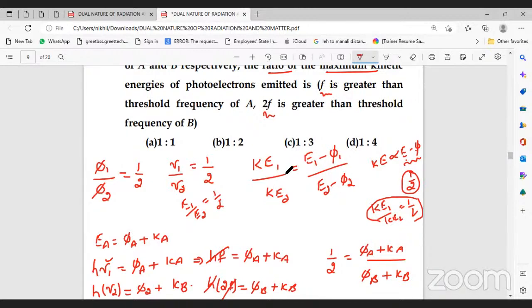If you simplify this equation with another one, work function phi 1 by phi 2 is 1 by 2. You can take this as A and this as B. On cross multiplication, you will get phi B is equal to 2 times phi A, isn't it? Yes, sir.